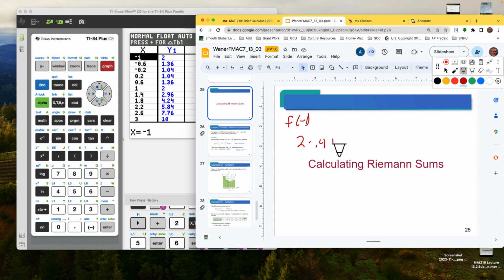Times 0.4 plus f of negative 0.6, which is 1.36.